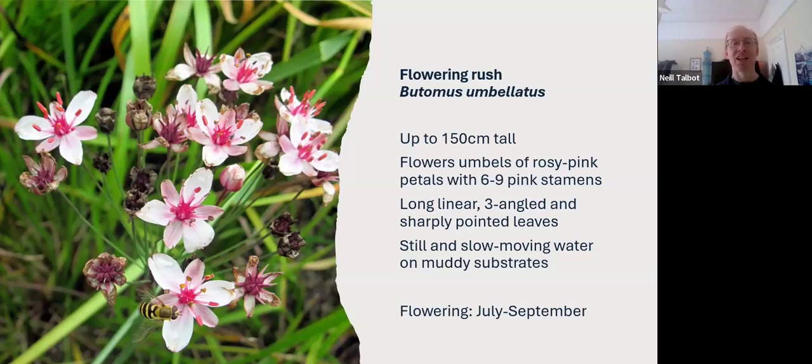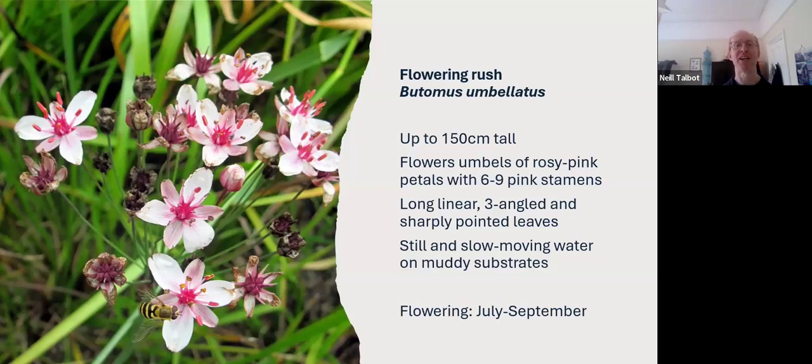And this is another species, like I mentioned before with the flag iris, that is a monocotyledon. So this has long, linear, and sharply pointed leaves that just have parallel veins, and they're three-angled. So they're almost triangular in a way, that sort of leaf arrangement.